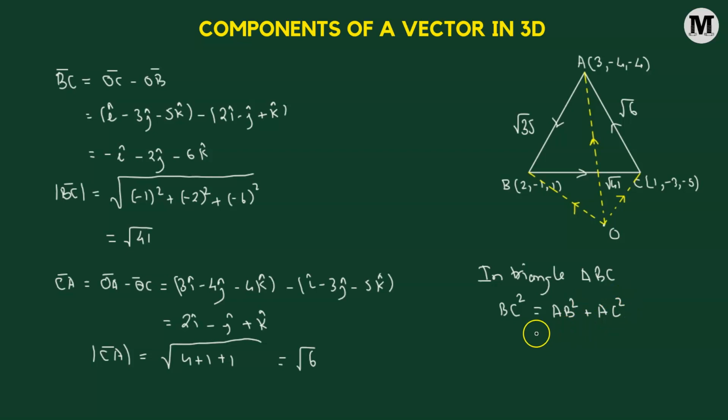Now what does it tell us? This tells us that ABC is actually a right angled triangle. BC being the hypotenuse, it's going to be right angled at angle A. So we have successfully proved the problem.